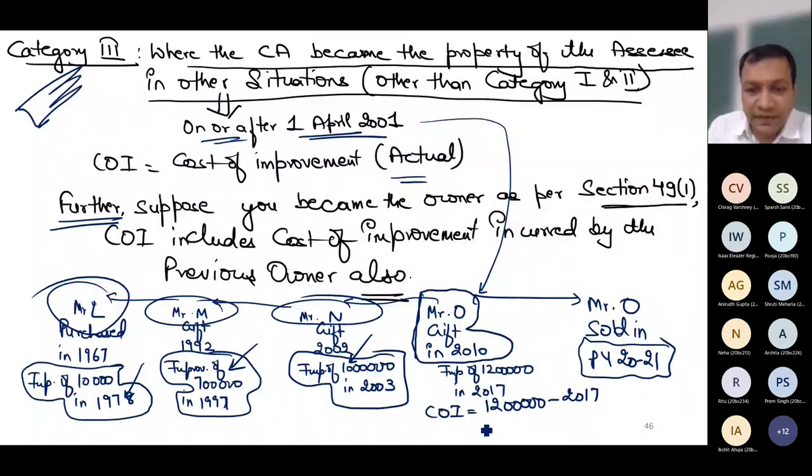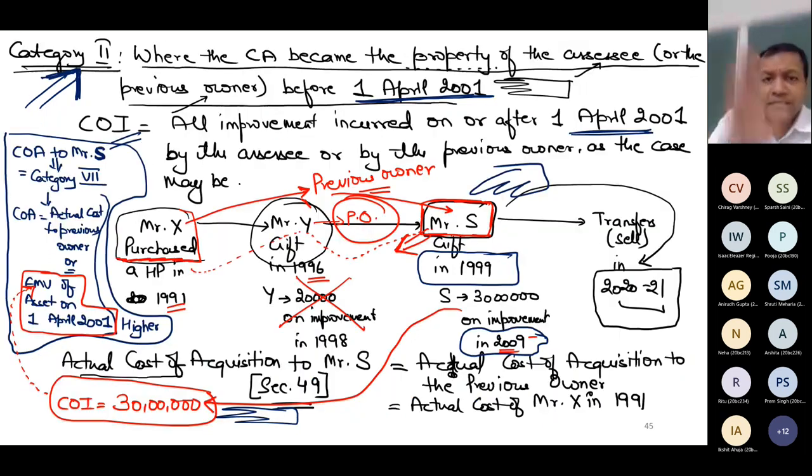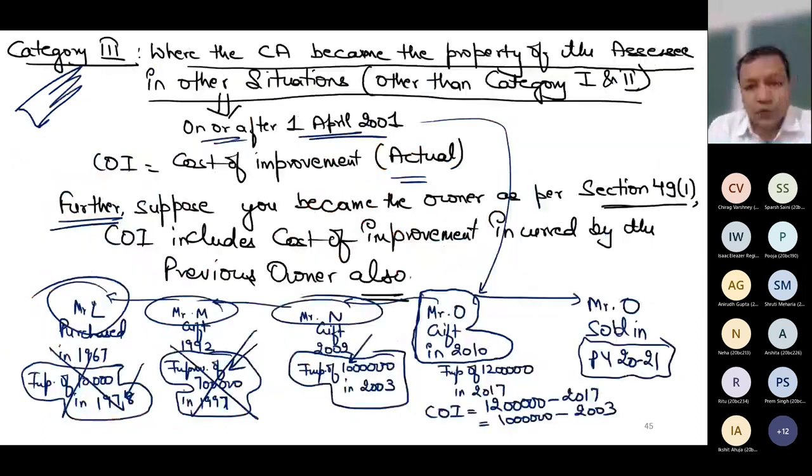So in this case, I will take the improvement of 10 lakh, which has been incurred by the previous owner. But I will not take the improvement of 7 lakh and 10,000, which have been incurred by the previous owners before 1st April 2001. Is this point clear? All improvements incurred before 1st April 2001 are completely ignored. If it is clear, please raise your hands.